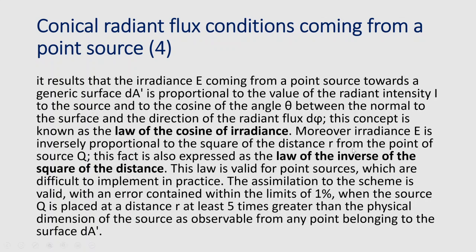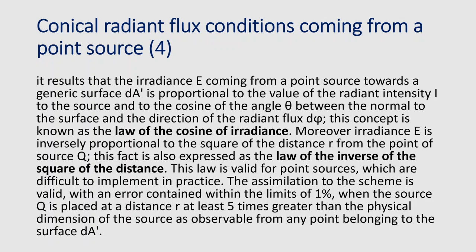This is the reality. The assimilation to the scheme is valid with an error contained within the limit of 1% when the source Q is placed at a distance r that is at least 5 times greater than the physical dimension of the source and is observable from any point belonging to the surface dA1.